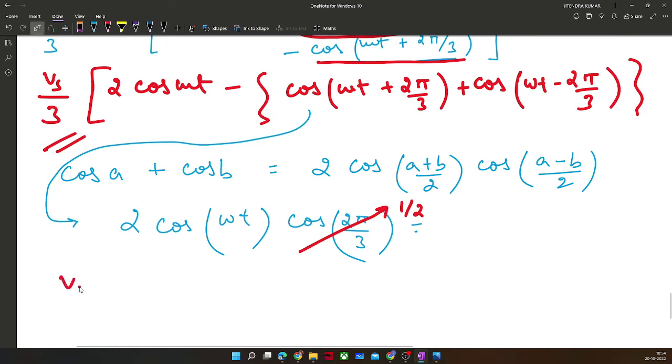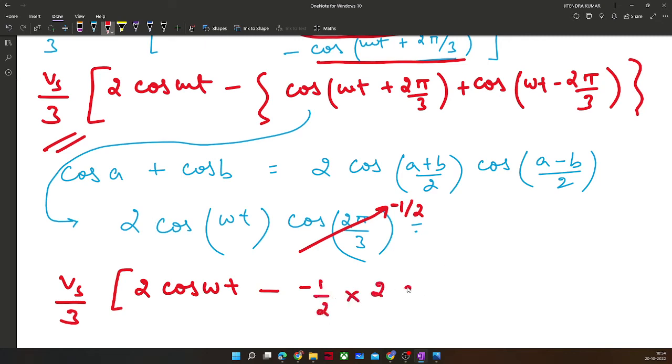Now we will plug this value into the expression. That is Vs by 3 into 2 cos omega t minus, sorry, it was minus half, right? Cos in the second quadrant would be minus. So minus half into 2 cos omega t.